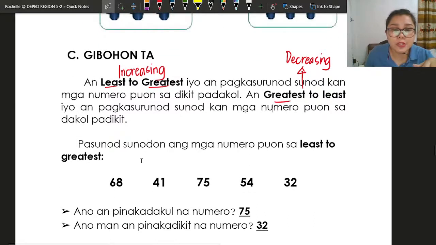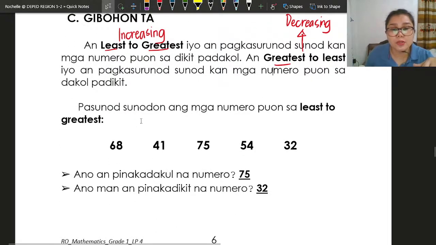So, pasunod-sunodon ang mga numero po sa least to greatest. So, we have here given numbers 68, 41, 75, 54, 32. So, among these numbers, ano ang pinakadakol na numero, which is the highest, or which is the greatest?